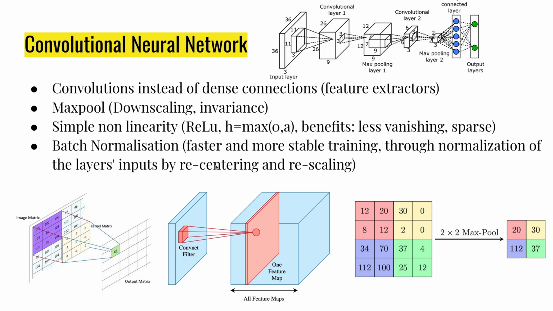Recentering means that the mean value will be brought to 0 or whatever value we need, or basically that mean value is also learned, not 0, sorry. So basically centering the value as well as scaling the value. If the range is from 50 to -50, it will be scaled to -1 to 1, say, and that is also learned. So that is recentering and rescaling. Learned recentering and rescaling is what is happening in batch normalization. That also helps in faster and more stable training.